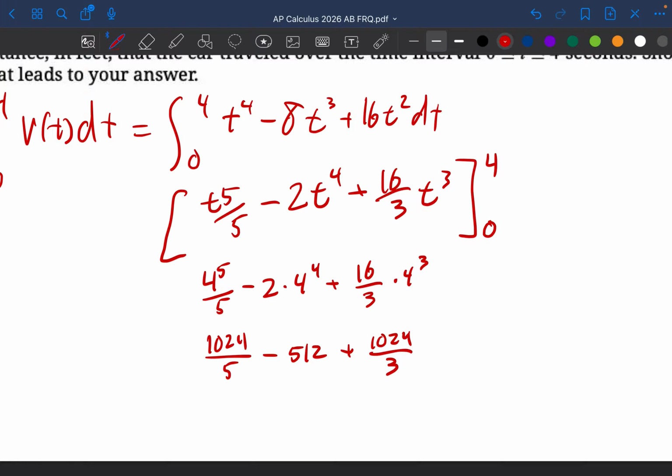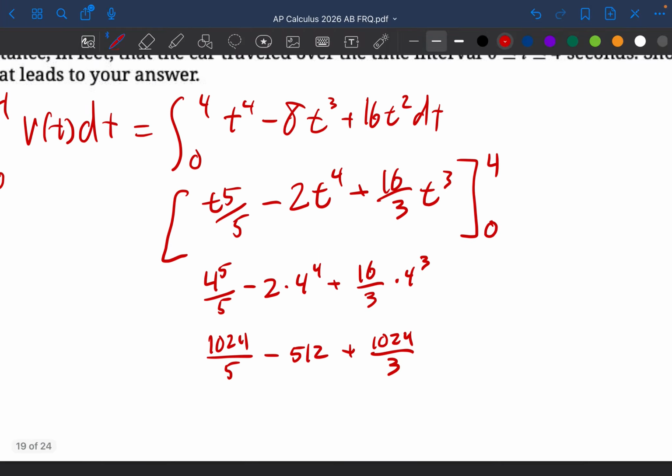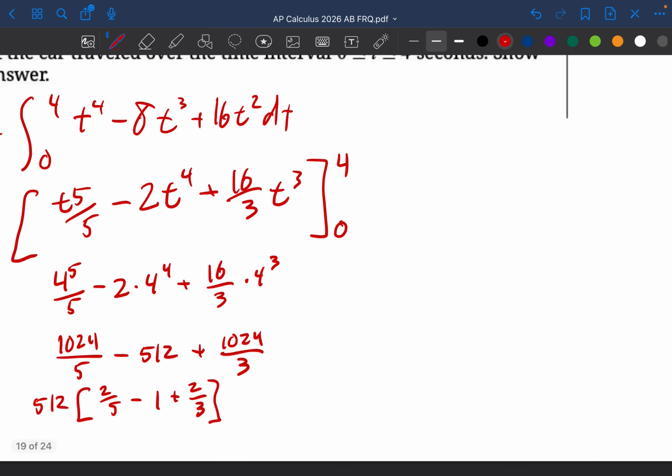Now to make this work out a little nicely, we're going to factor out 512. And that leaves us with 2/5 minus 1 plus 2/3. So inside it's going to be a little bit easier, and we'll just take what we get from the inside and multiply by 512. So we'll give ourselves a common denominator.